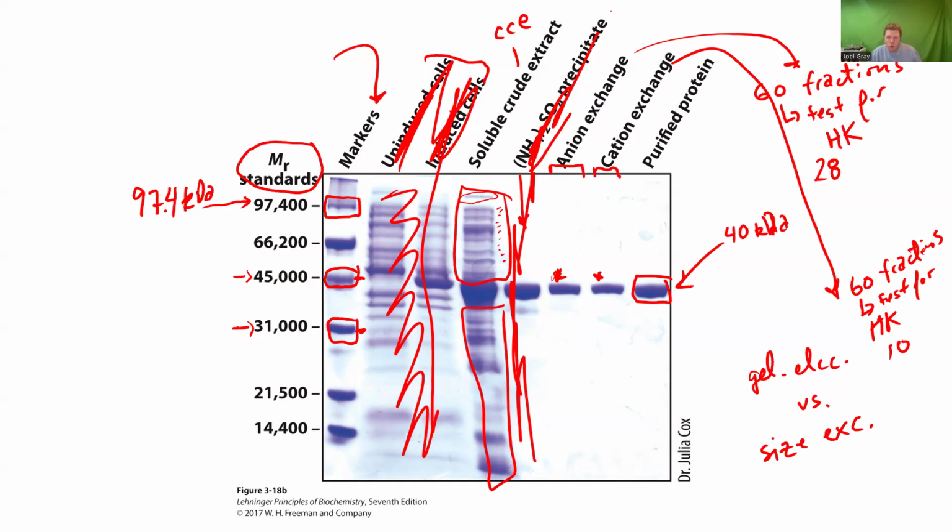The difference between gel filtration, also known as size exclusion chromatography, and gel electrophoresis is that with gel electrophoresis, you are not using what is loaded onto that gel.